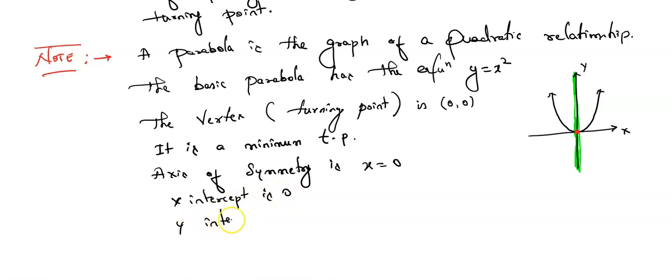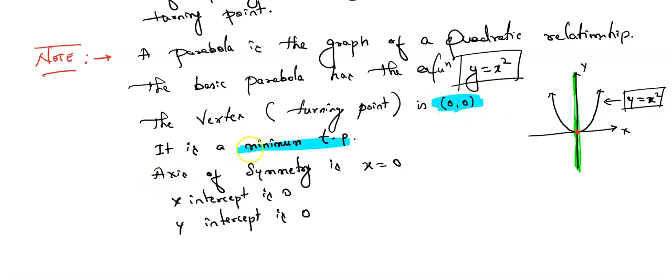And the y-intercept is also 0. So we have drawn the basic parabola y is equal to x square. If y equals x square, then remember the turning point is 0, 0, and it is a minimum turning point. The axis of symmetry will be 0, and the x-intercept and the y-intercept will also be 0.